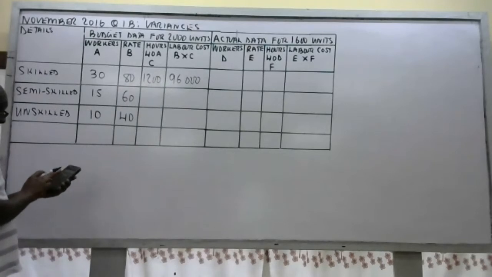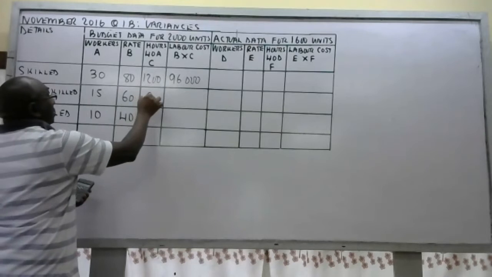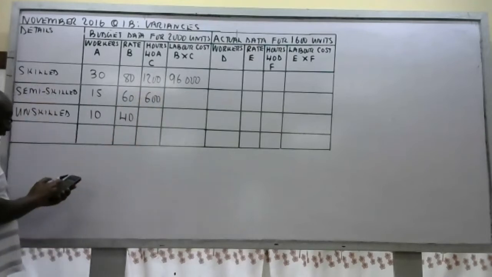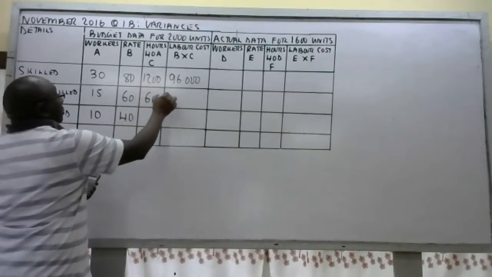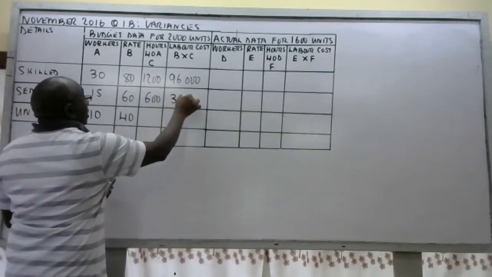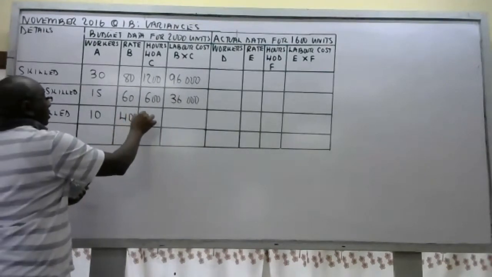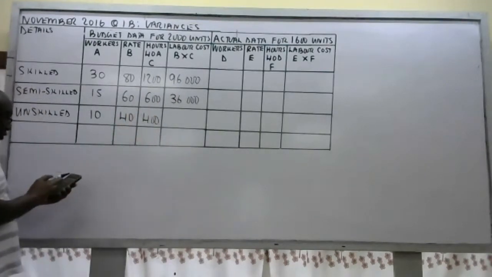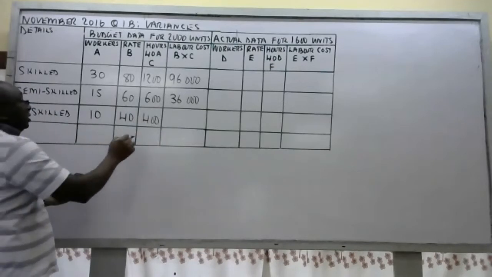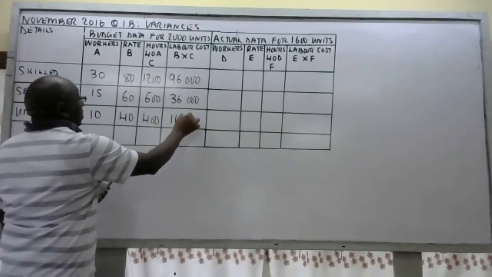Then 15 times 40 is 600 hours, multiplied by 60 is 36,000. 10 times 40 is 400 hours, multiplied by 40 is 16,000.